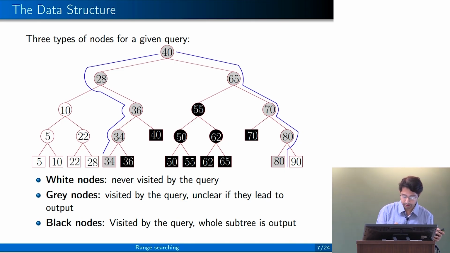For example, if you see this, this is the interval associated with 36. What is my query? The query is 34 to 80.